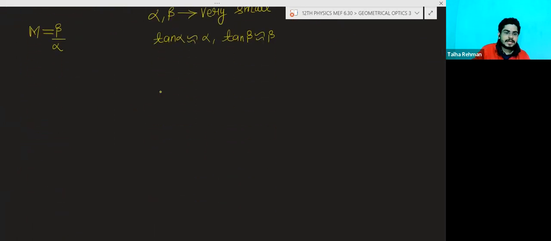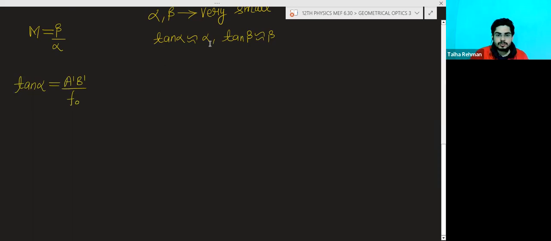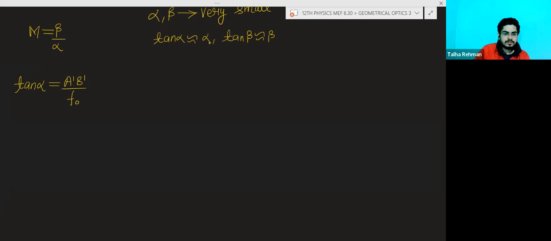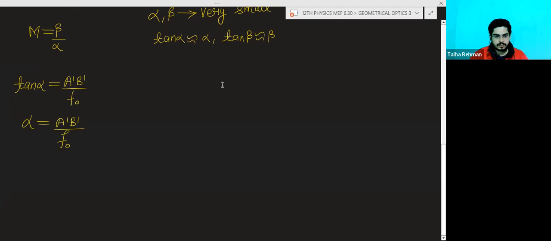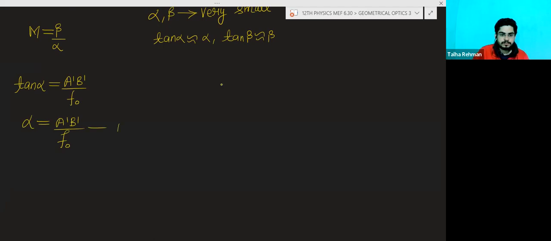So tan alpha is equal to A dash B dash divided by FO, and tan alpha you can write as alpha. So you will have alpha is equal to A dash B dash divided by FO. This is your equation number 1.